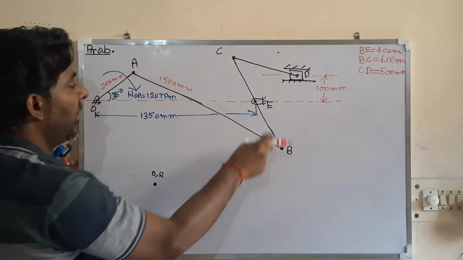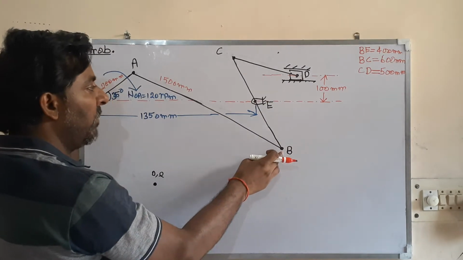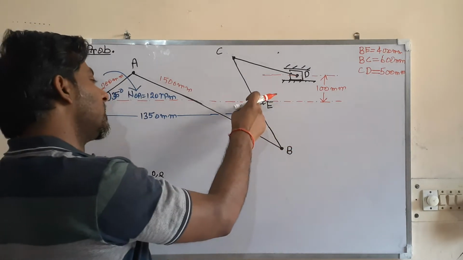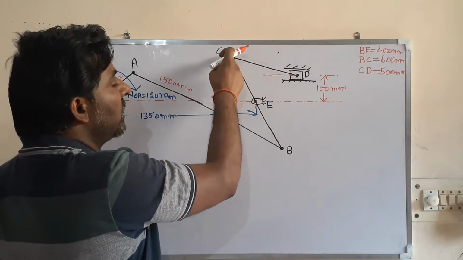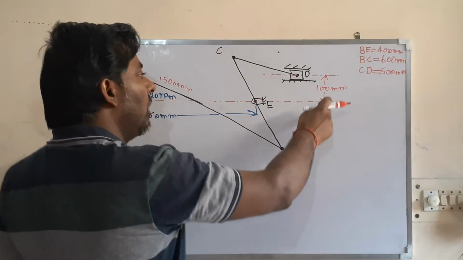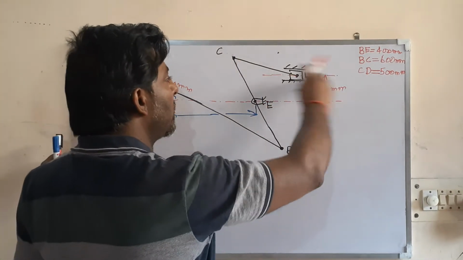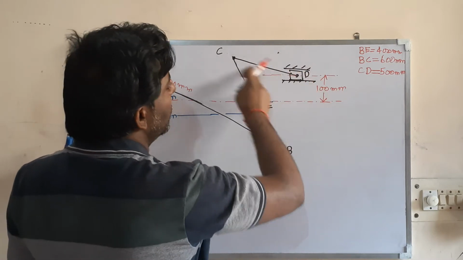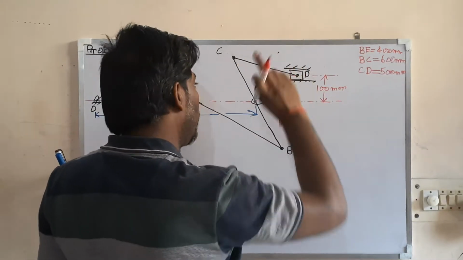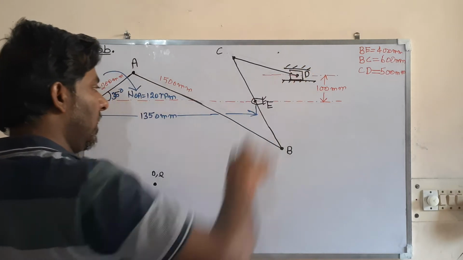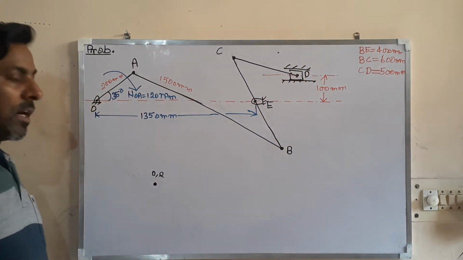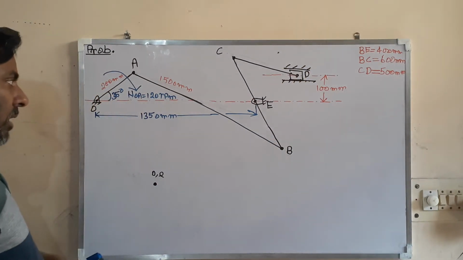From here you cut 1500, and from here 400. So point B is fixed. Now on the extension of this line at 600 is point C. Now at 100 mm horizontal line you cut CD equal to 500 to get the point D, and you make the slider.